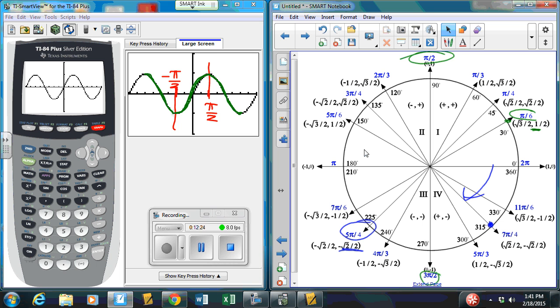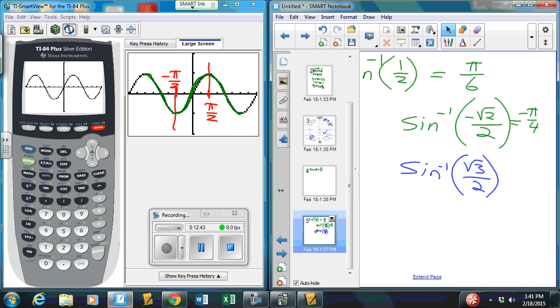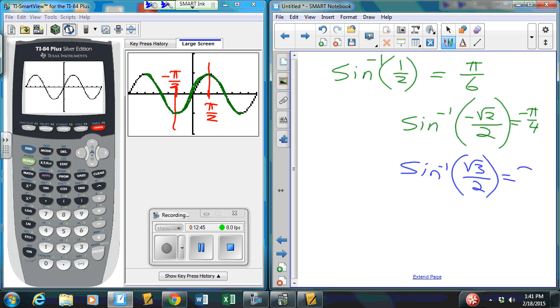I'm going to see who's understanding. Okay, Brendan, what do you say? Pi thirds. How many of you got pi thirds? That is right, because at pi thirds right up here, you have a root 3 over 2. So right here, we're going to write pi thirds.